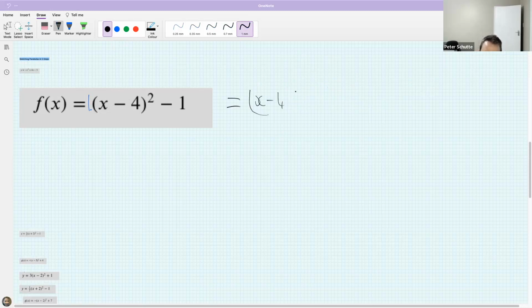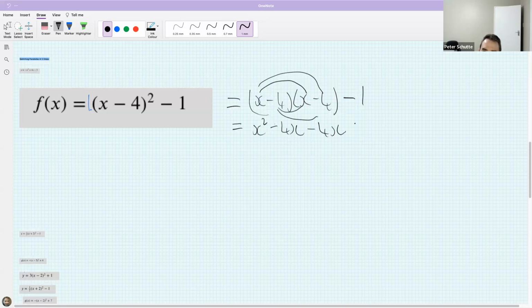Now, x minus 4 squared is just x minus 4 times x minus 4, and then minus 1 is already there. If I multiply this out, I get x squared minus 4x minus 4x plus 16 minus 1, which then means that this can be written as x squared minus 8x plus 15.